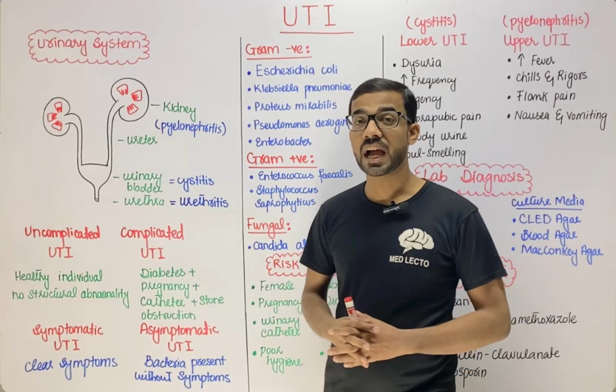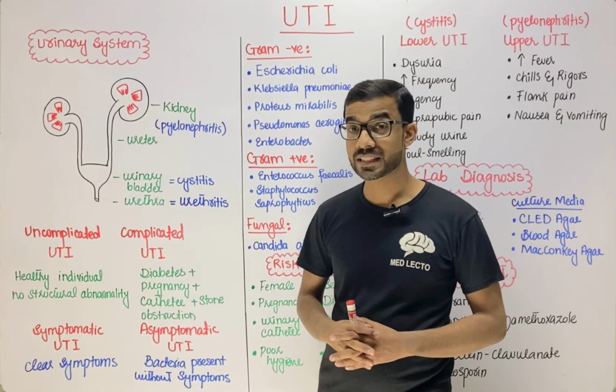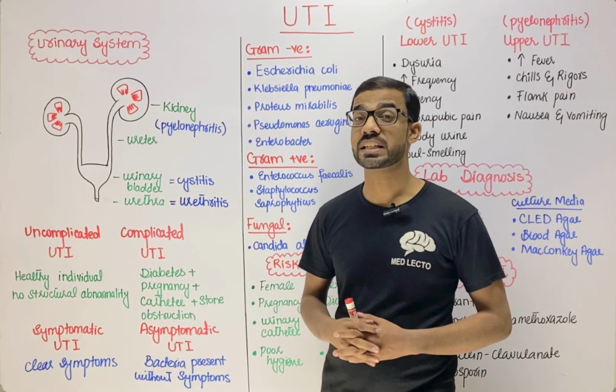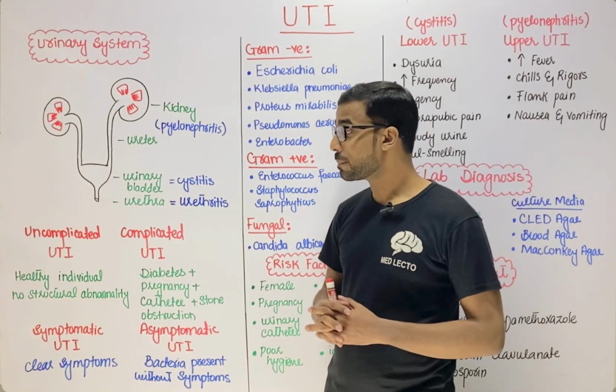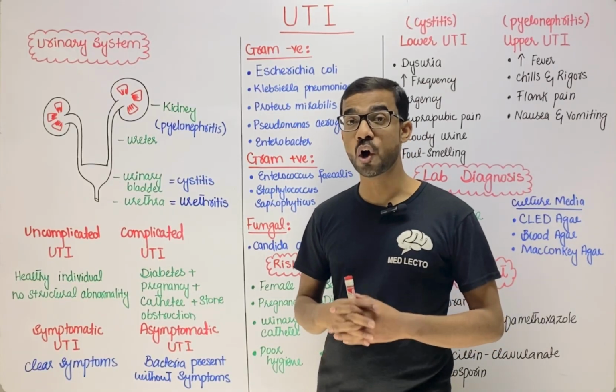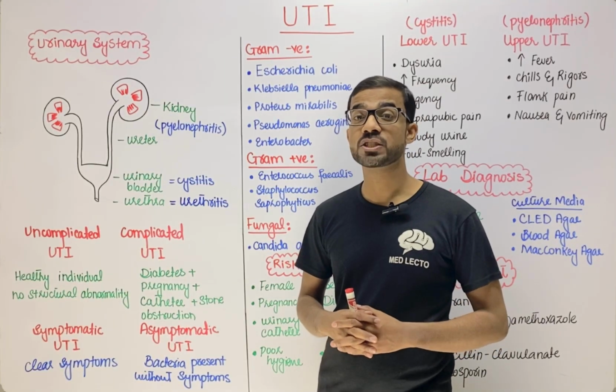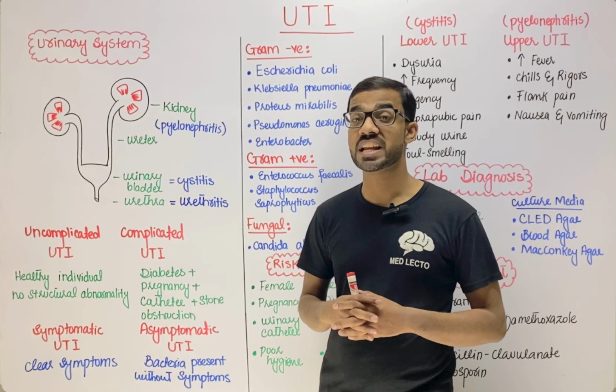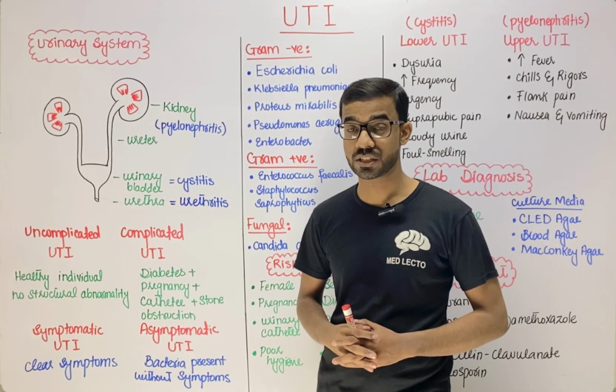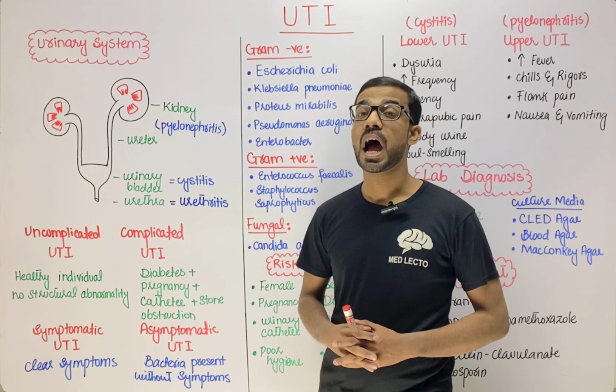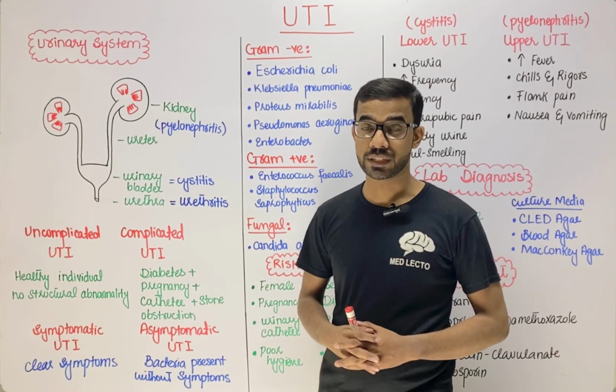So, we have categorized the UTI on the basis of the associated conditions. If the person is healthy, normal, and there is no structural change happening in the urinary system, then it will be the uncomplicated UTI.